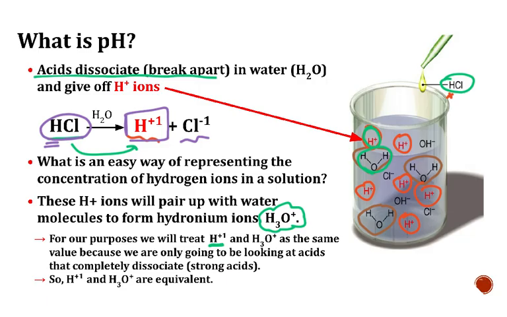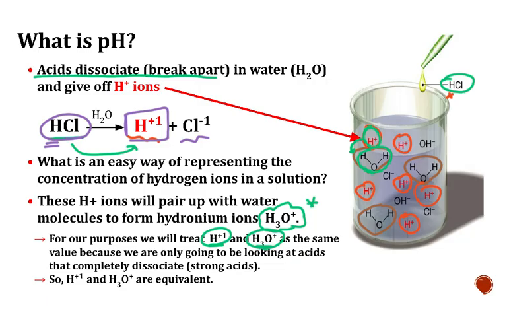You can also see these hydronium ions, which is what you get if this hydrogen paired up with that H2O. And just one thing to note, because the pivot we're going to look at is using this H3O+, the hydronium ions, we're going to treat those the same. So for our purposes, we'll treat H+ and H3O+ as the same value.